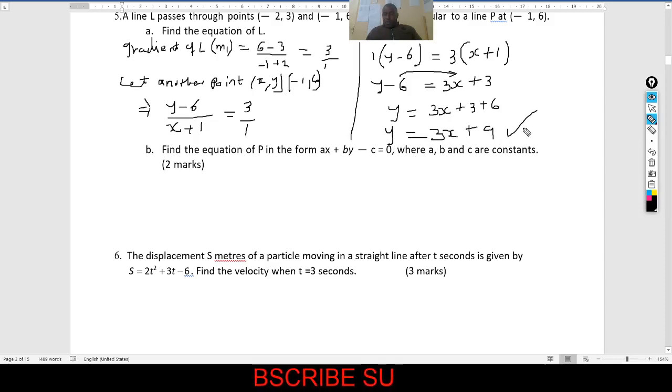That's the equation of L. Find the equation of P in the form ax plus by plus c equals 0, where a, b, and c are constants. Now we are told that this line L is perpendicular to a line P at point -1 and 6.